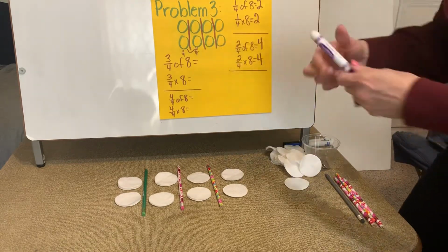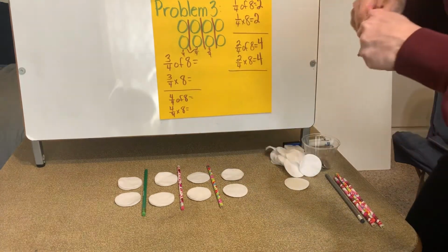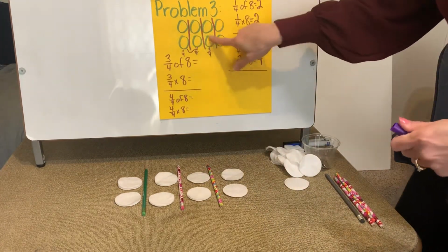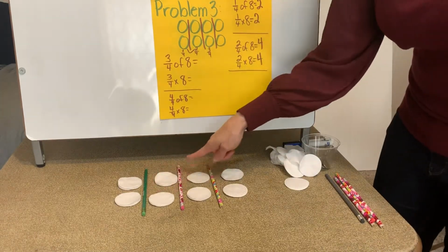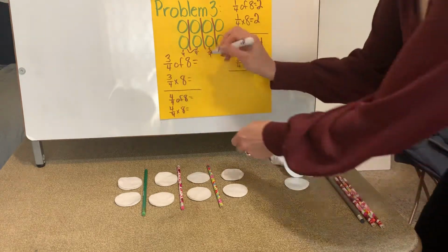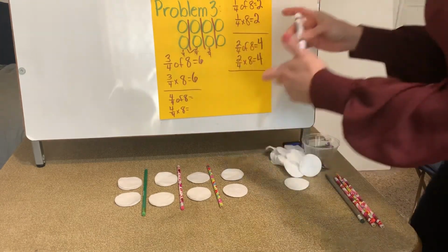All right, so here's 3/4. So 3/4 of 8 would be 2, 4, 6. 1/4, 2/4, 3/4, 2, 4, 6. So 3/4 of 8 is 6. 3/4 times 8 is 6.